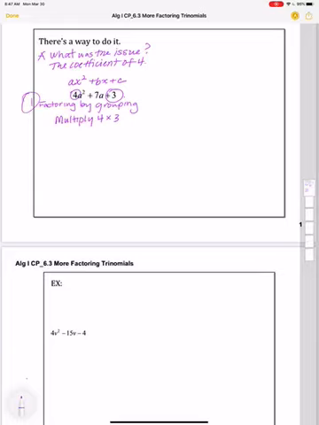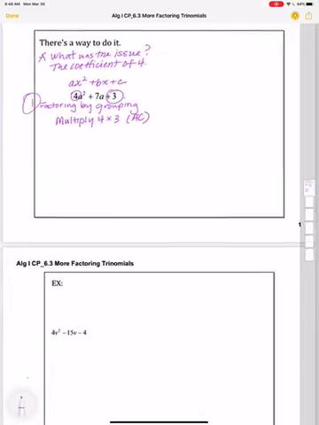You'll always see a quadratic, or anything that's written with x squared, as ax squared plus bx plus c. And so you will always multiply a to c. So 4 and 3 could change depending on your problem. You could have different numbers, but you will always be multiplying a to c. So ac, a times c. All right, so then we get 12.